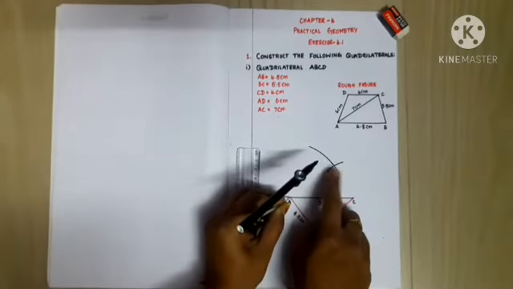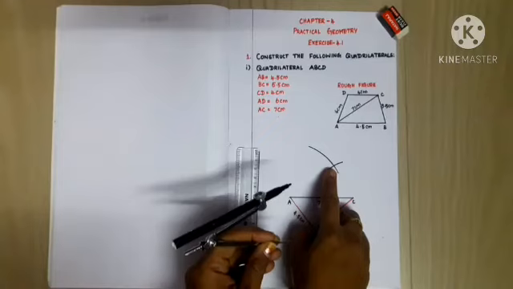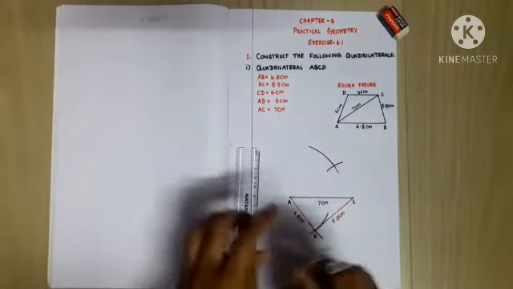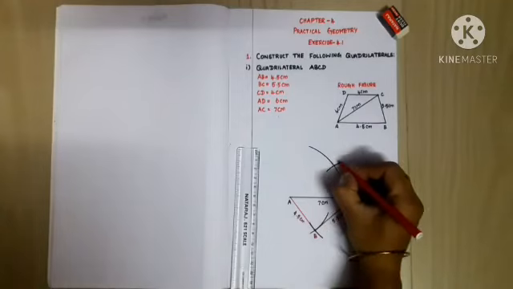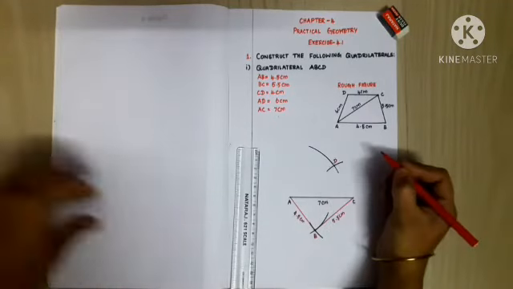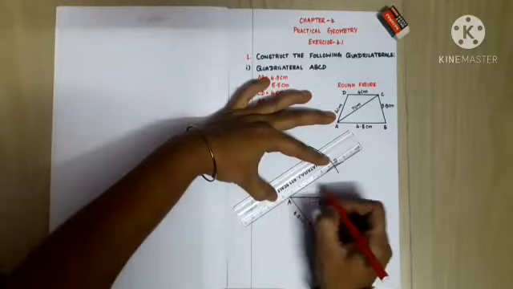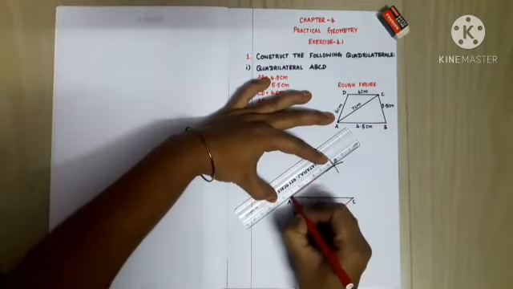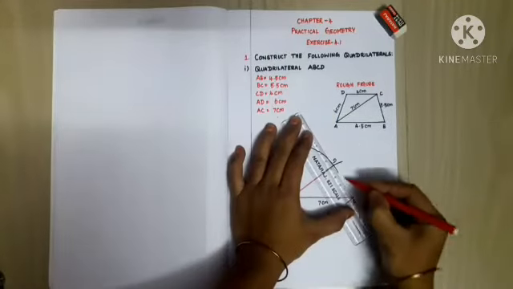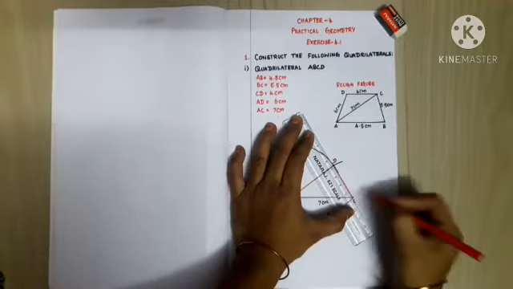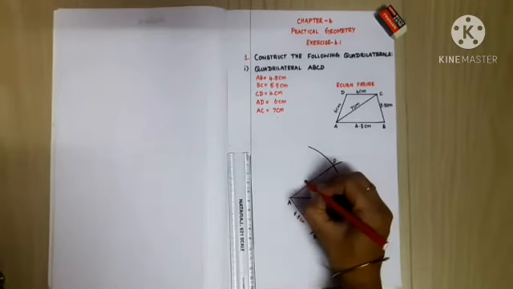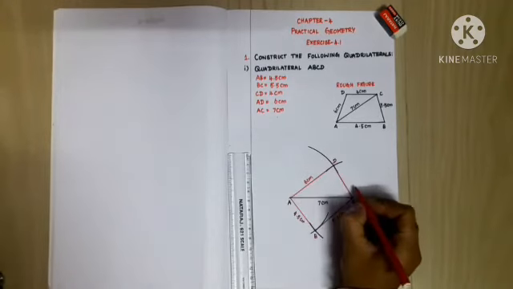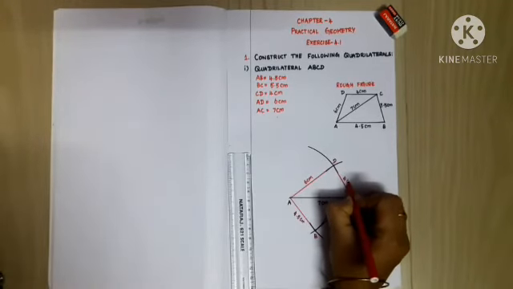See, now the arcs are intersecting each other, so that intersecting point is D. Now join A and D, C and D. Mark the measurement 6 centimeter and 4 centimeter.